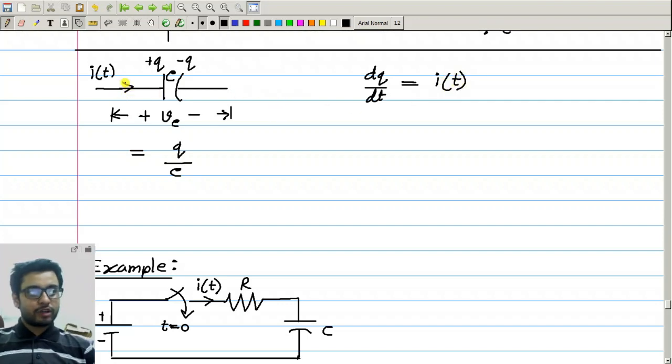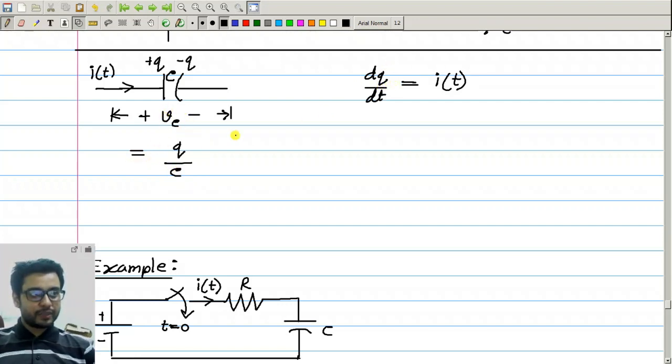The direction of this current and polarity is important. If this current is coming in, then this amount of charge will increase with time. Therefore, I can write dq/dt as i. If i is positive coming in, then dq/dt will be positive and q will increase.